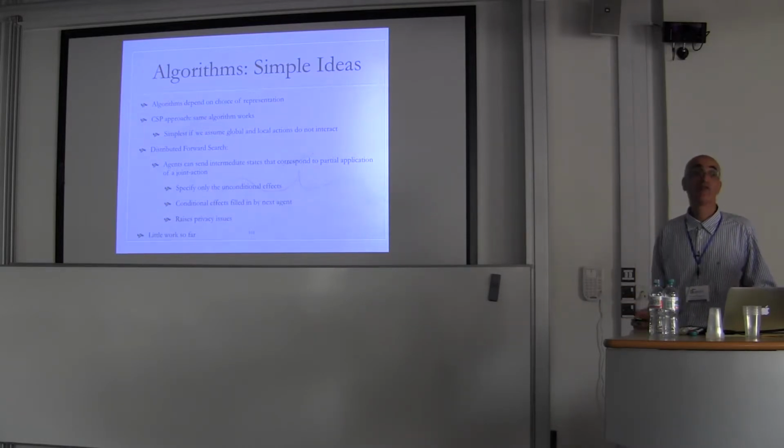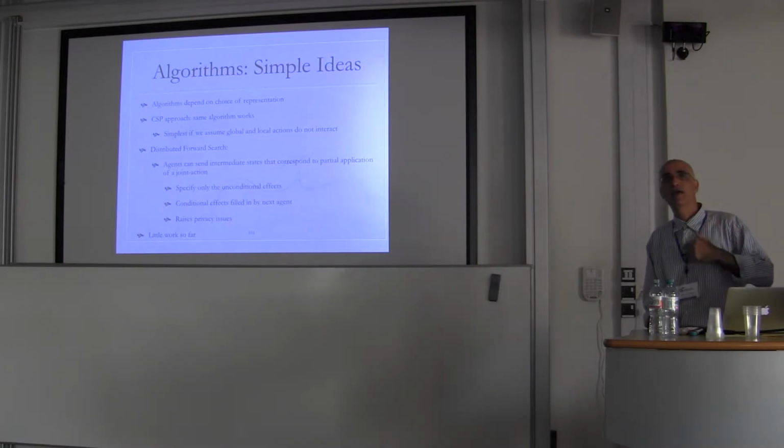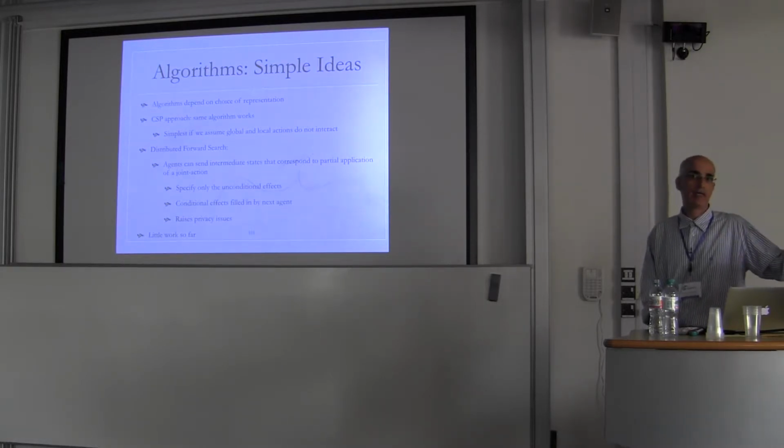Also, if you do distributed forward search, what you need to do is basically when I apply an action, I send you a state, but you can decide when you get the state whether you want to apply another action at the same time, or not apply another action at the same time, just apply another action later.